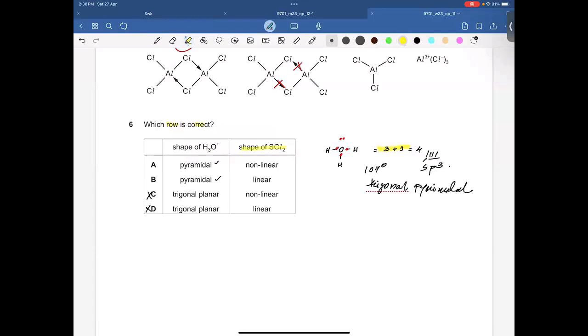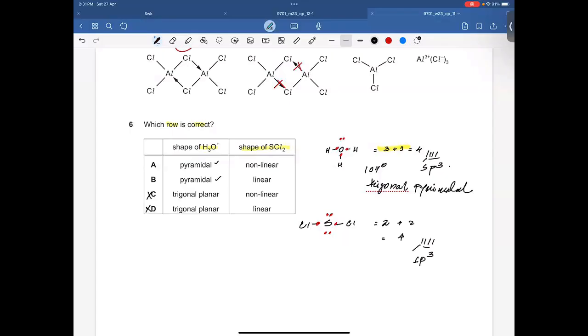Let's talk about the shape of SCl2. Again, let me write the structure of SCl2 like this. Distribute the valence electrons of sulfur. As sulfur has 6 valence electrons because it is found in group 16 of the periodic table. So we have a situation like this in which we have 2 bond pairs and 2 lone pairs. Again, total is going to be 4. Let's draw the 4 lines.